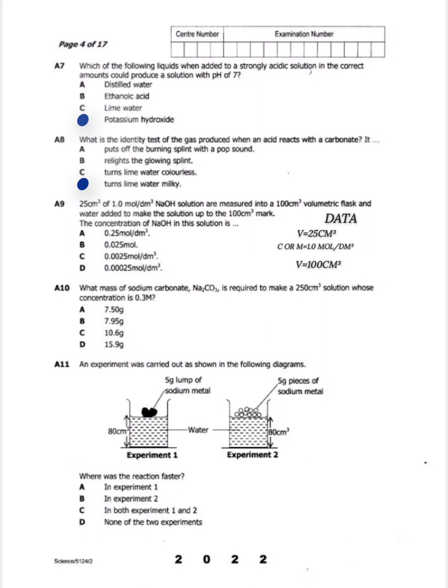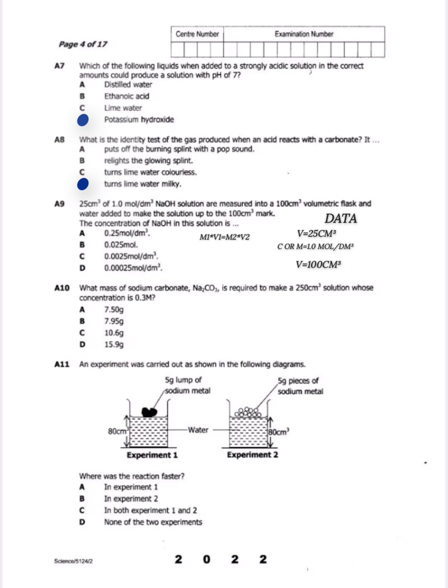So here I'm going to say M1, which is the molarity or concentration, multiplied by V1, which is the volume, is equal to molarity 2 multiplied by V2. Okay, so for us to answer this one here, we have been given the molarity for the first one, which is 1.0 mole per decimeter cube.